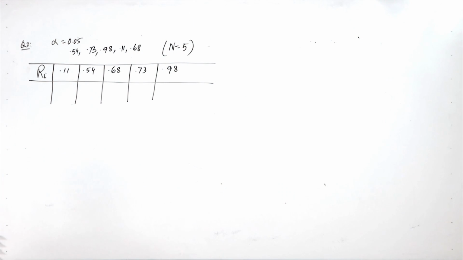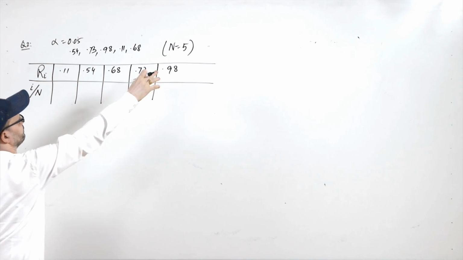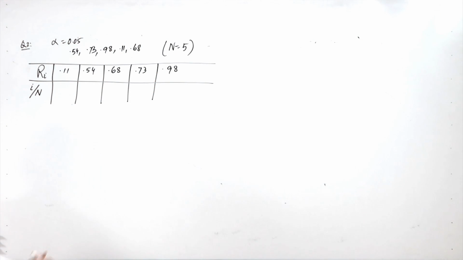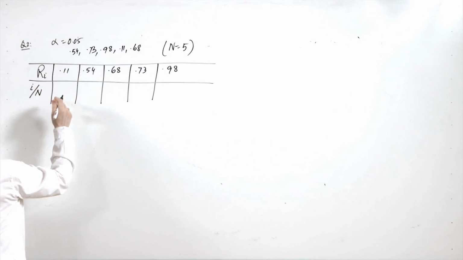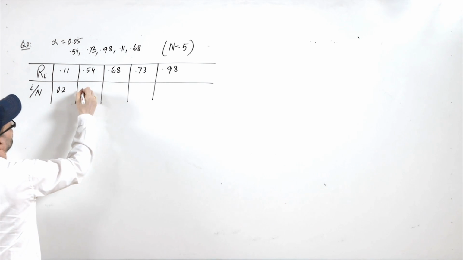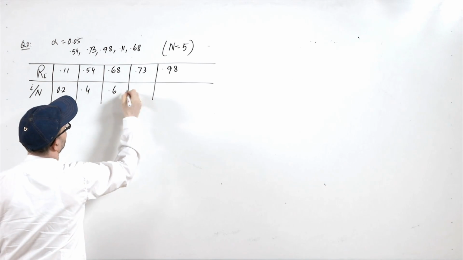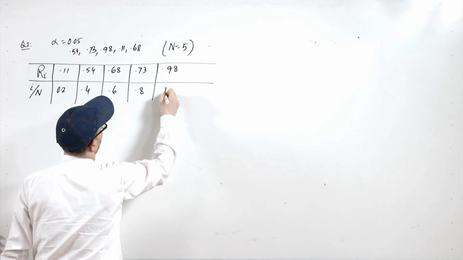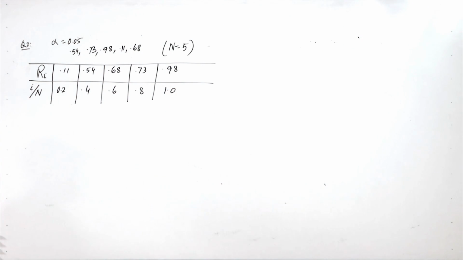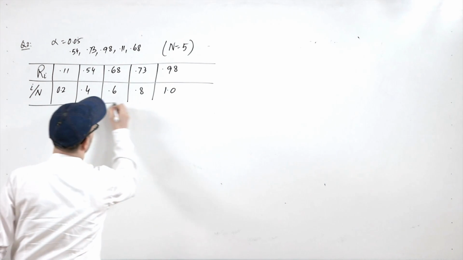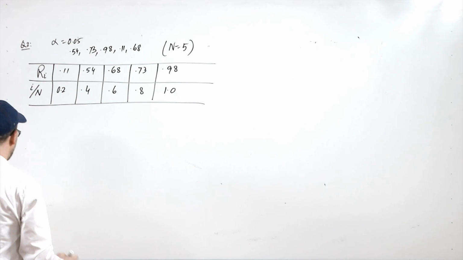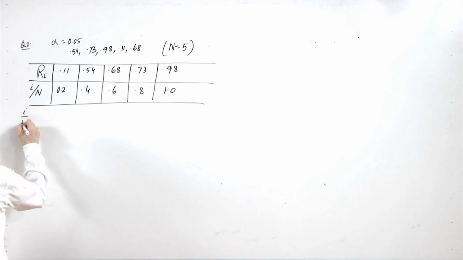The next parameter which we are going to calculate is i upon n. In this case i is 1, 2, 3, 4, 5, so i by n will be 1 by 5, that is 0.2, 0.4, 0.6, 0.8 and 1. The next parameter which we have to find is i by n minus Ri.